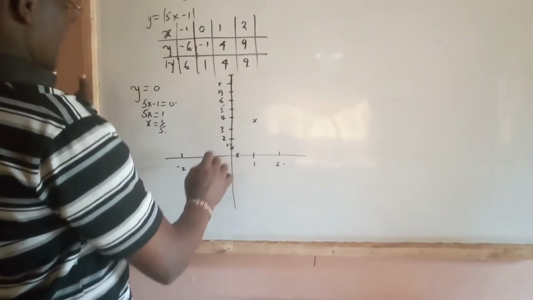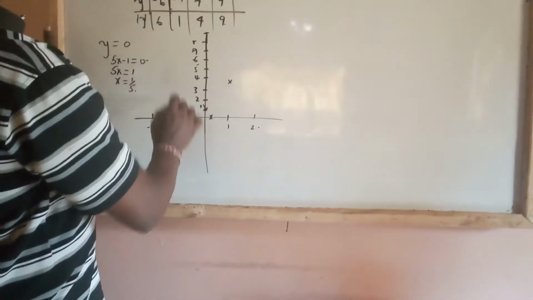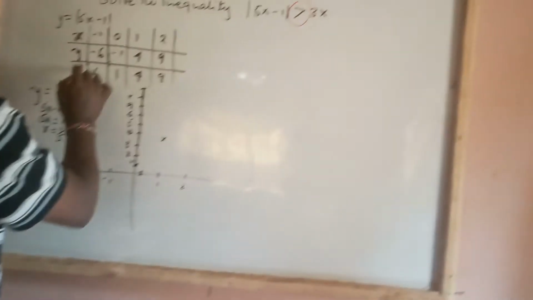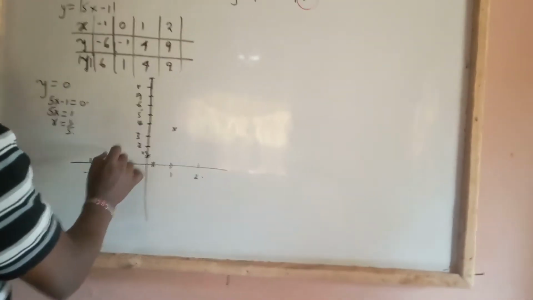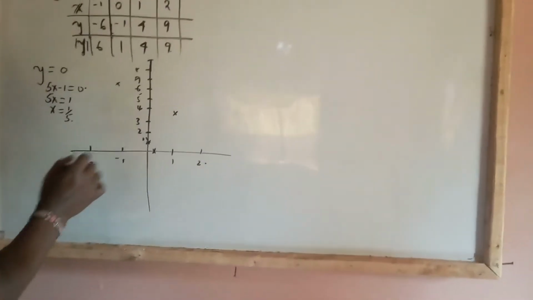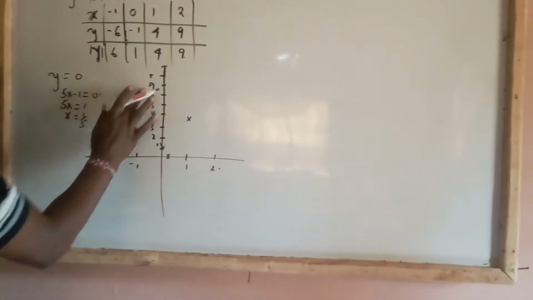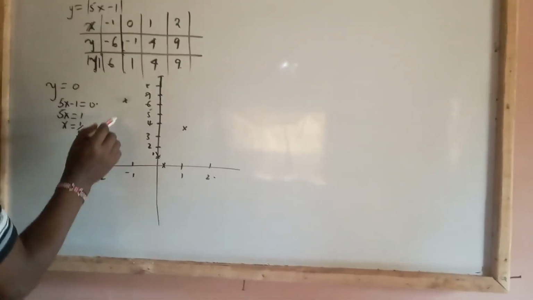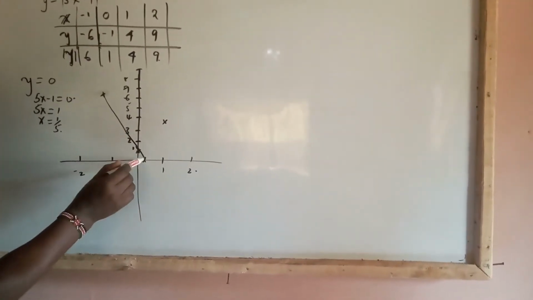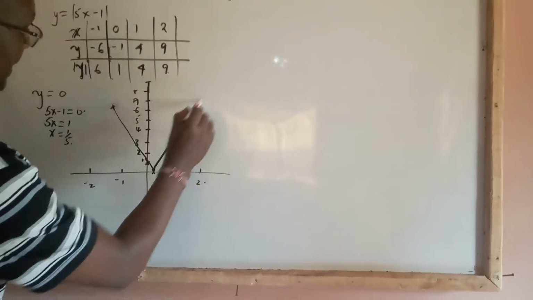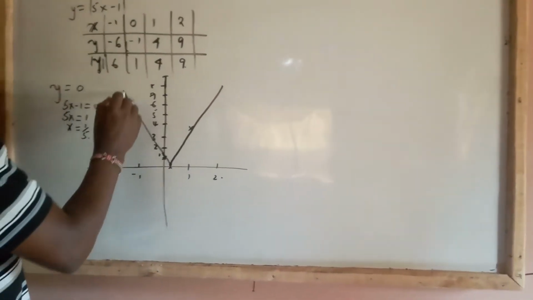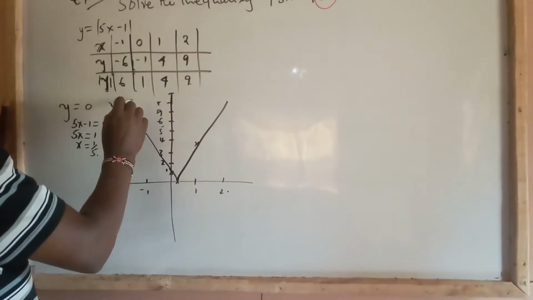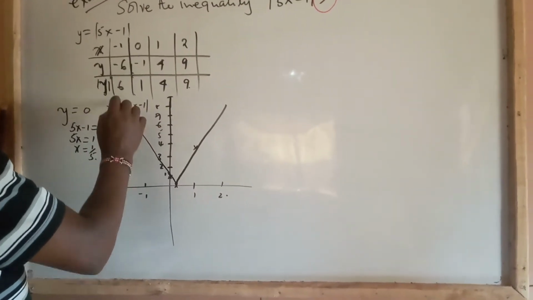When x is negative 1, y is supposed to be negative 6, but the modulus is now going to be positive 6. So we have our graph that looks like that. And the graph you will see here is y is equals to modulus of 5x minus 1.